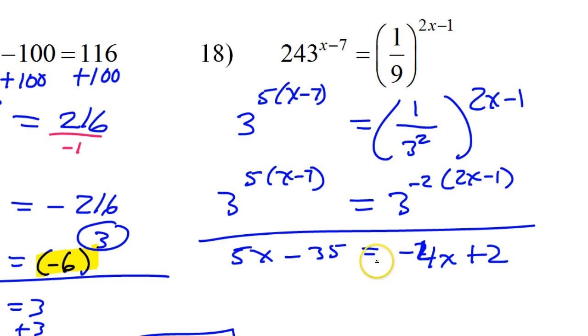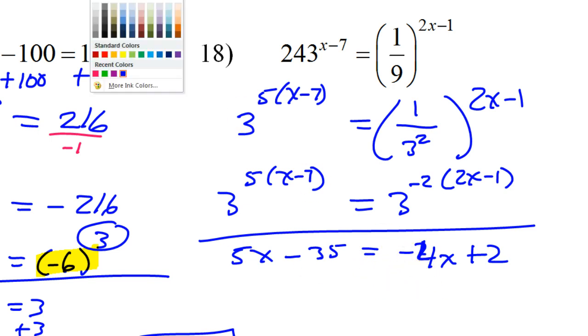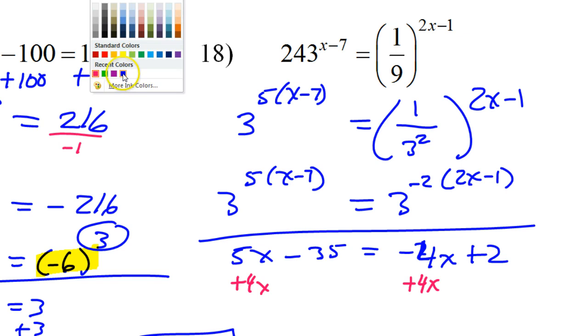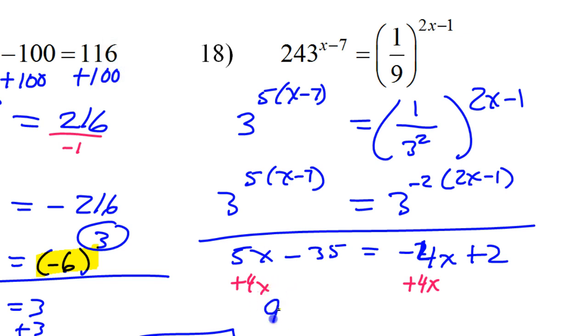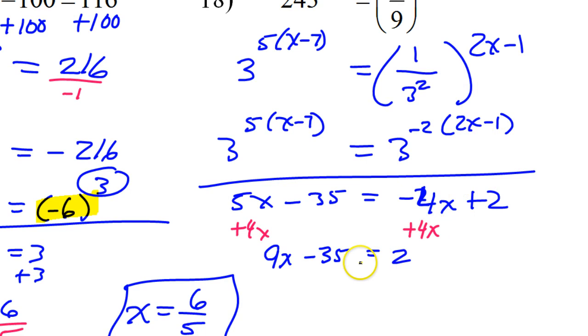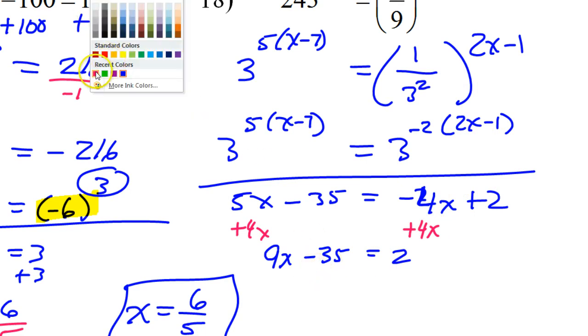All right, so the rest is easy. We need to get these x's together. So let's add 4x to both sides. So that's going to give us 9x minus 35 is equal to 2. Okay, and then let's add 35 to both sides.